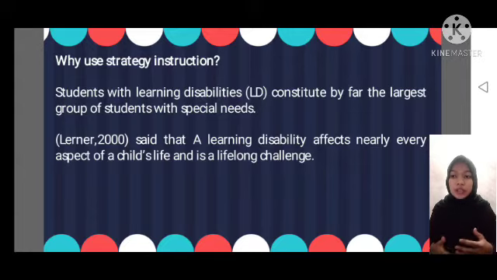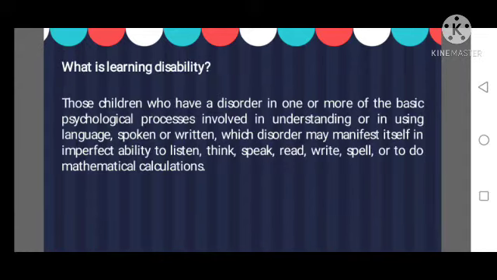Intervention for students with LD covers many areas, for example, academics, self-esteem, transition, and vocation. Students with LD are often caught in a vicious spiral of school failure. Thus, the need to address the academic achievement of students with LD is critical in order to improve their academic outcomes.